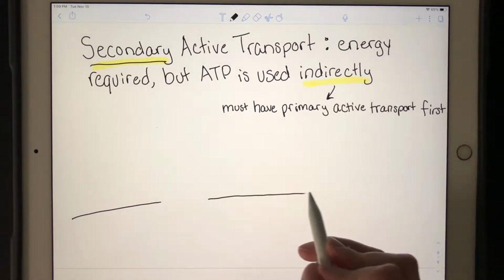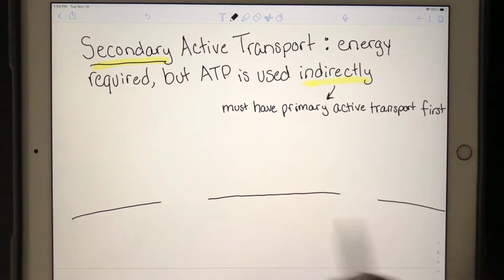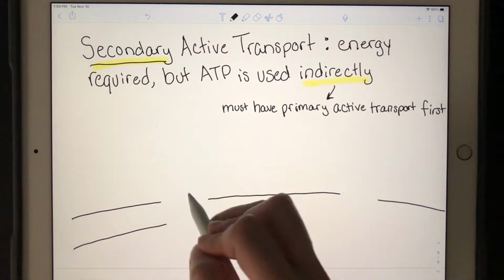So we're going to draw out an example of how primary and secondary active transport work together.